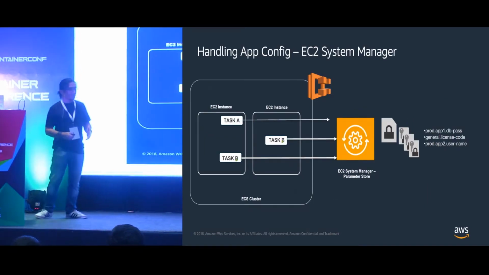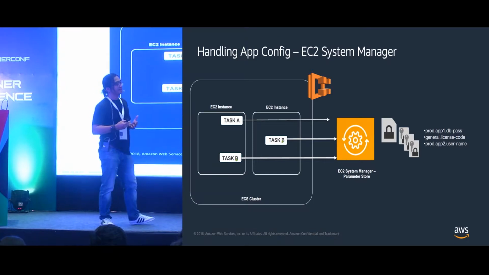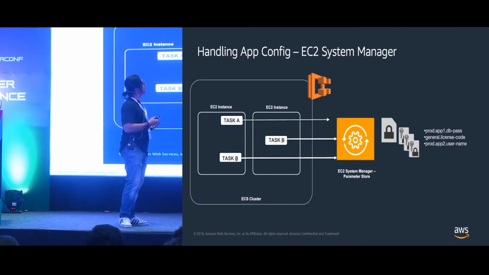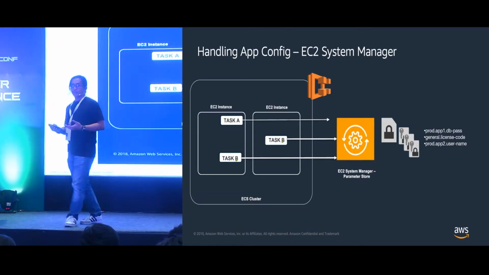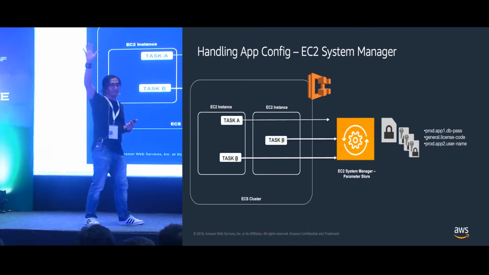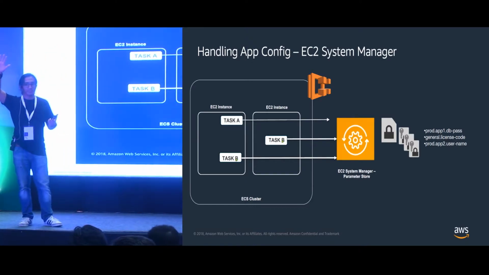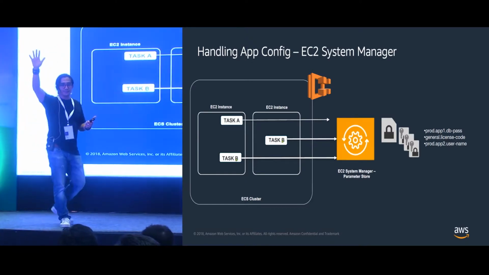Another thing about CI/CD: sometimes I get feedback on how to handle configurations. How many of you have JSON files or config files in your applications? And how many of you are still using environment variables?